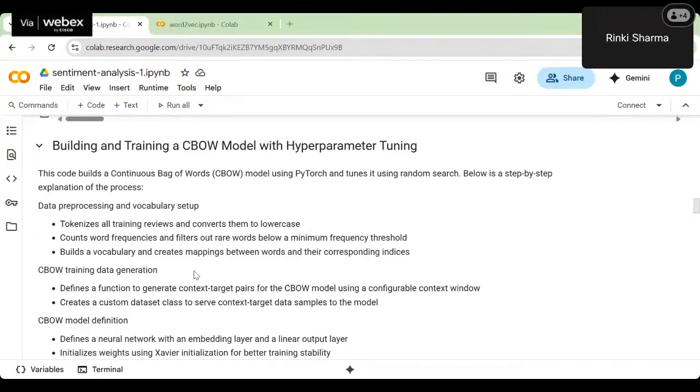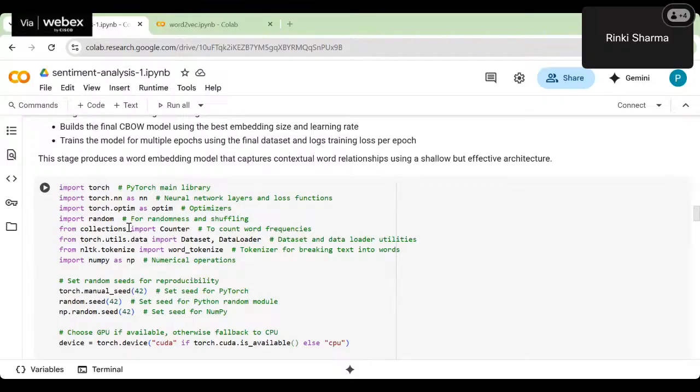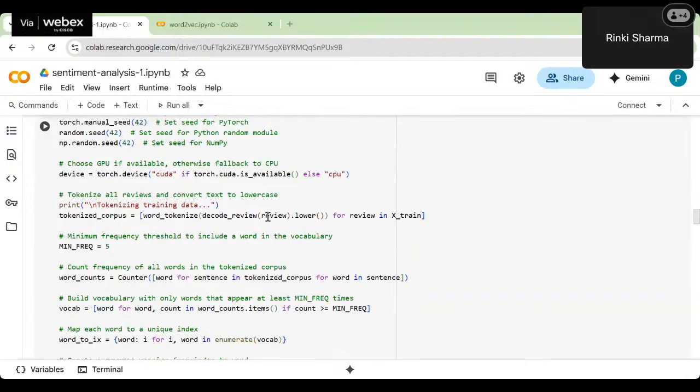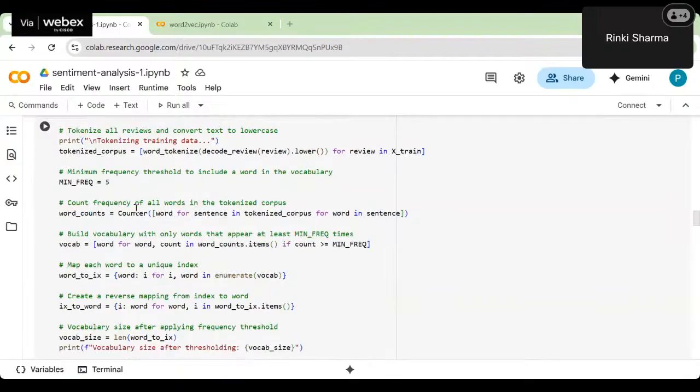We tokenize our data, lowercasing each review, which is from the train data. To generate our vocabulary, we introduce a minimum threshold for a word to be included in our vocabulary. In our data, there are many words which occur very few times, very rare words.